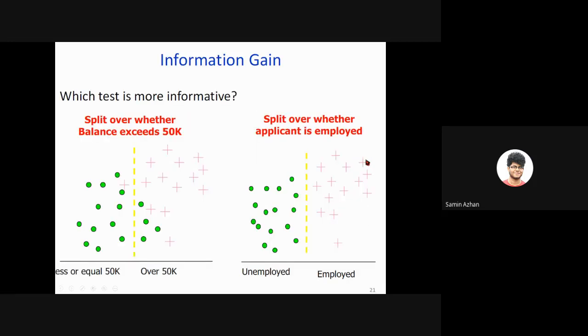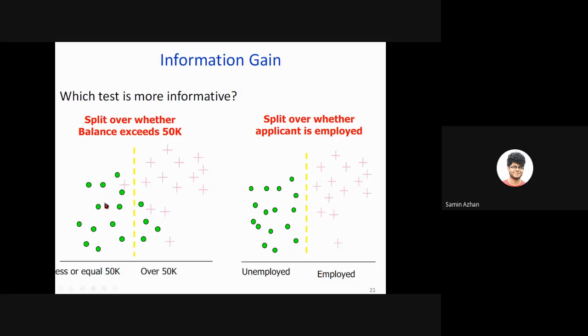Let's look at a few more examples. Hopefully we'll understand better. In this example, it's saying that this is an impure data set and this is a pure data set, where we were able to completely differentiate between unemployed and employed.